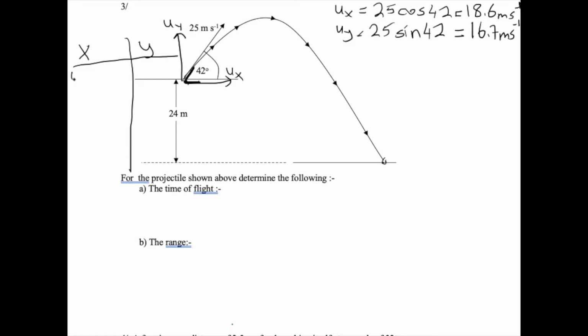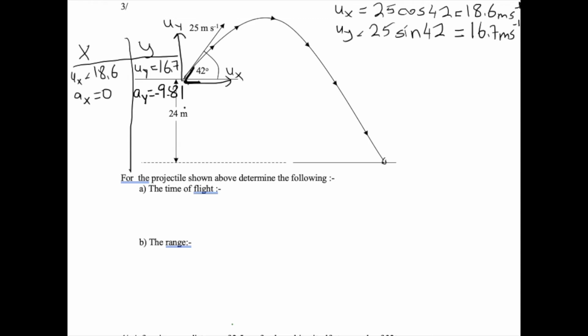Let's write them here. We start with a ux of 18.6 and we start with a uy of 16.7 meters per second. I don't have space to write the units here, but they are there. We know the acceleration in x is 0. We know the acceleration in y is negative 9.81 meters per second square.